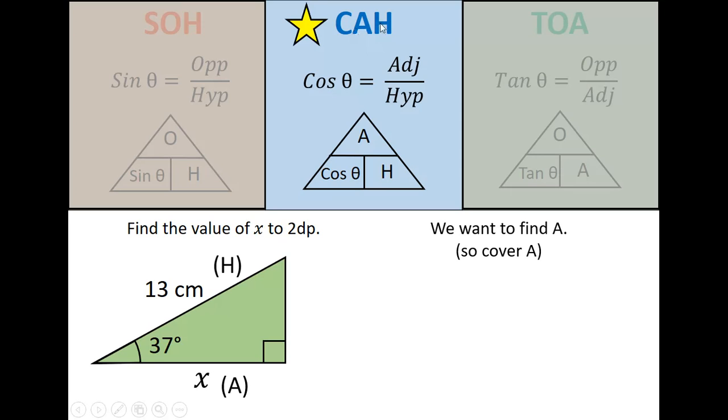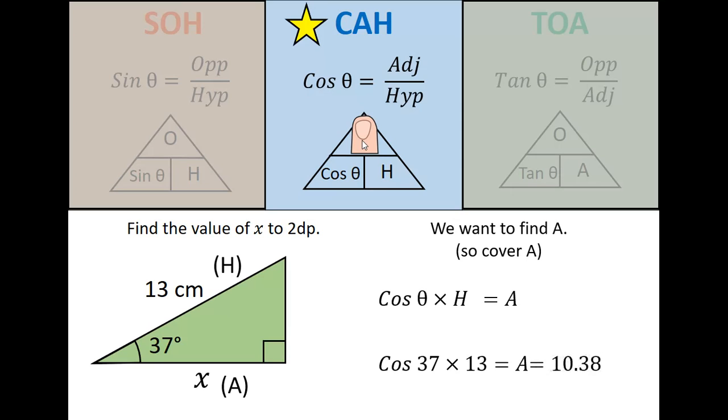I need to find out the value of A, so I cover it, which gives me cos theta times H is equal to A, and that's cos 37 times 13, which gives me 10.38 to 2 decimal places, centimeters.